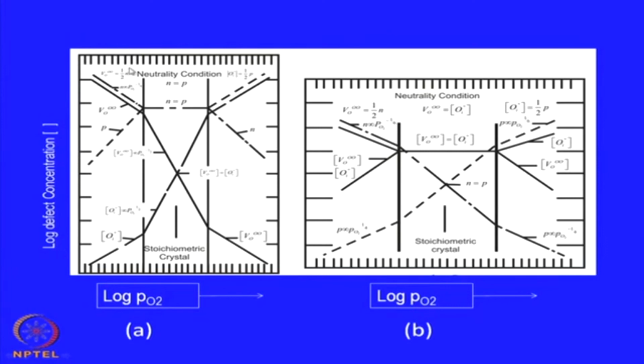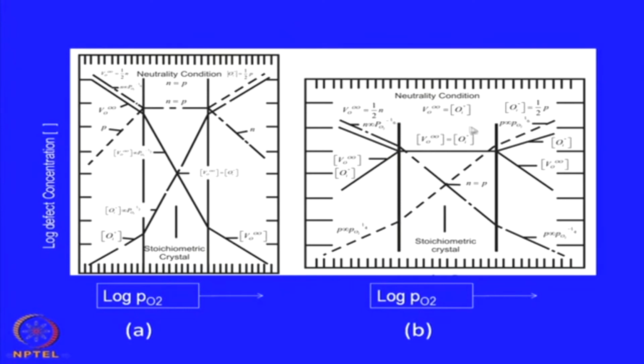So, if you have a material of this nature, basically an electronic conductor, if you go on increasing the PO2, at some point you will reach this. It is not known at what partial pressure, at what high pressure, you may or may not reach experimentally, but theoretically you are supposed to go to this.